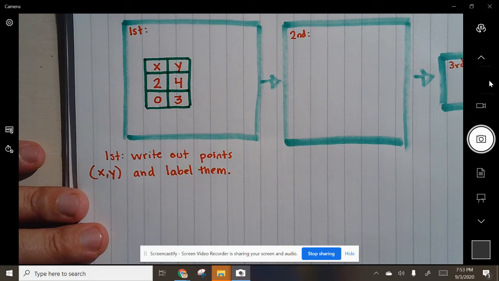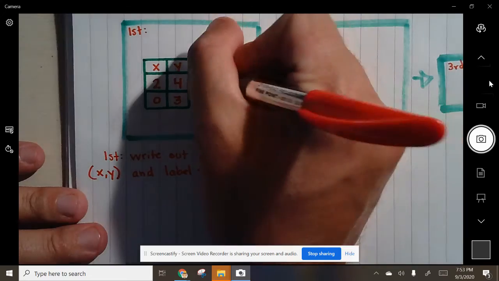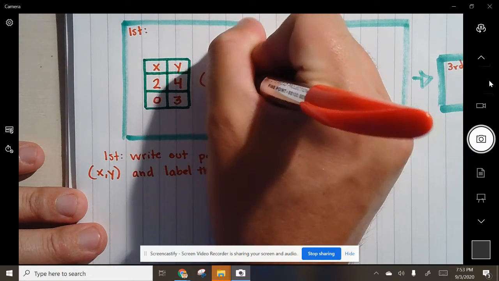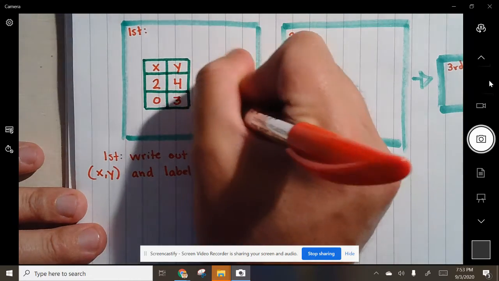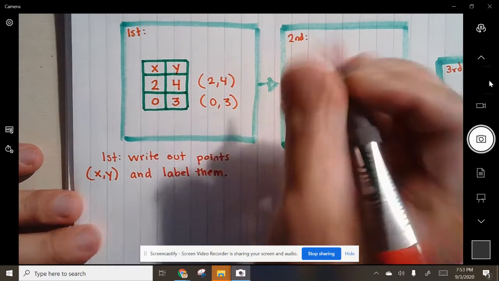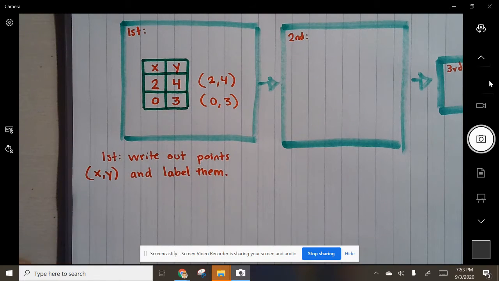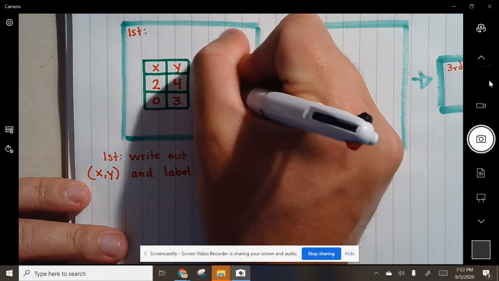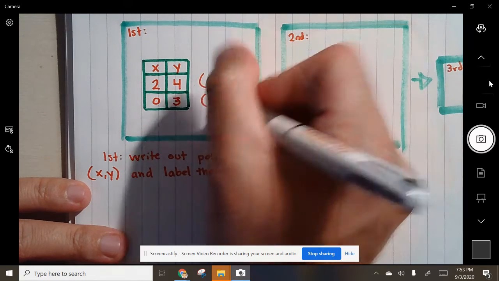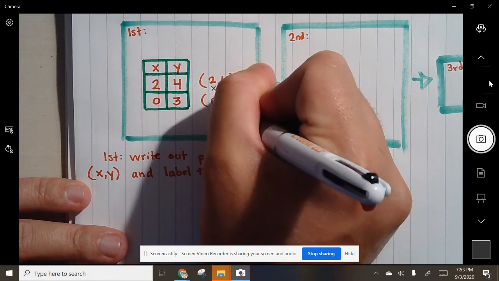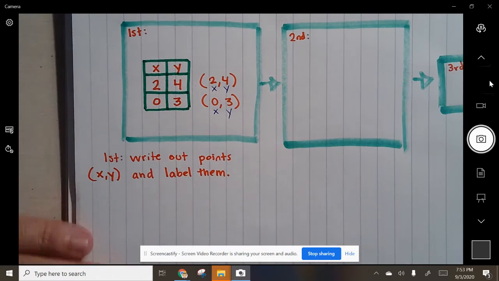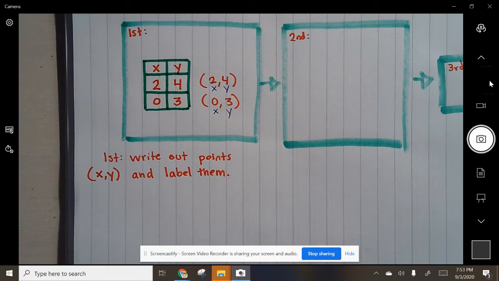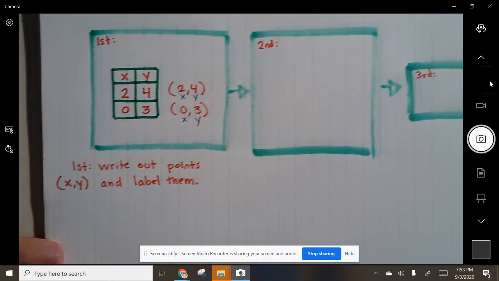Write out points and label them. Okay? So what do I mean by that? That's how you write the points out. What do I mean by labeling them? Okay? And that is the whole first step.